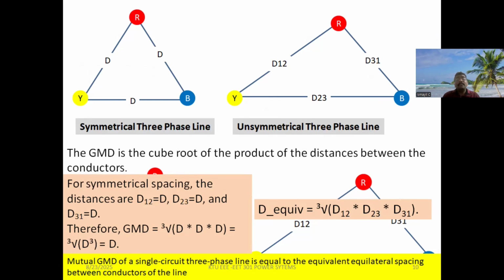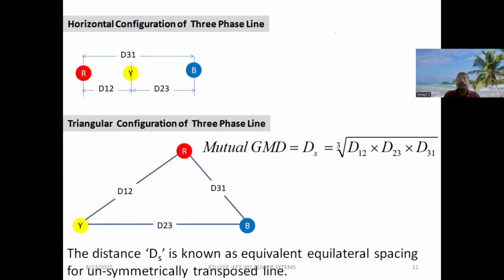If we apply the same formula to the unsymmetrical case, the GMD of an unsymmetrical three-phase line is equal to the cube root of D12 into D23 into D31. This mutual GMD is equal to the equivalent equilateral spacing between the conductors of the line.